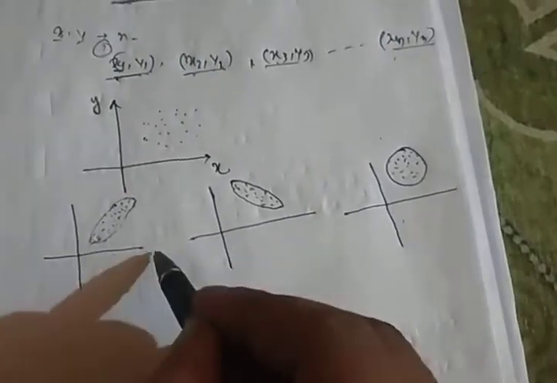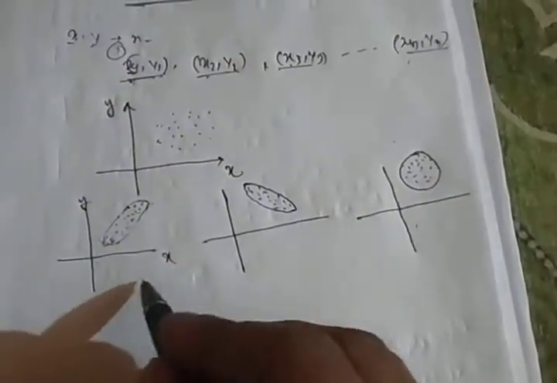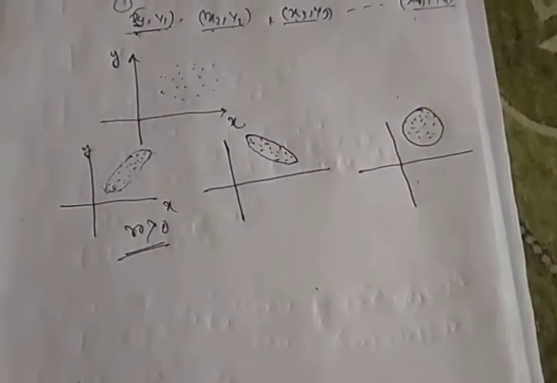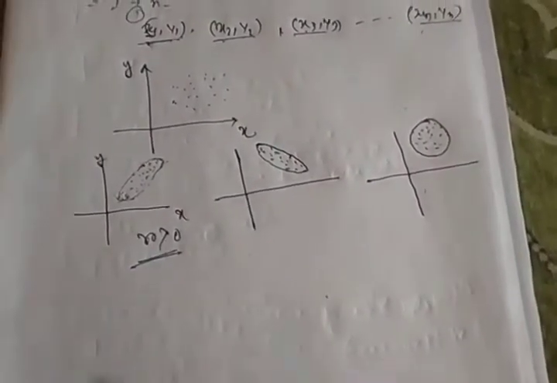When we can find y increasing with x in this form, then r is greater than 0. Now this r is called the correlation coefficient. We will get that in the next part.